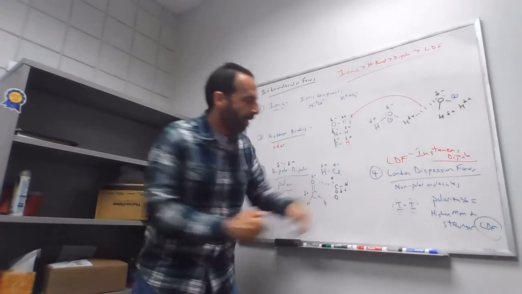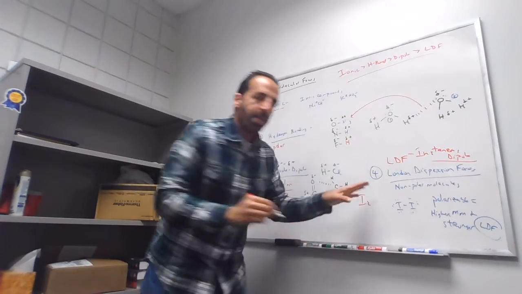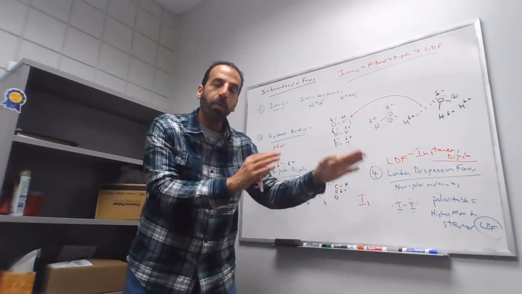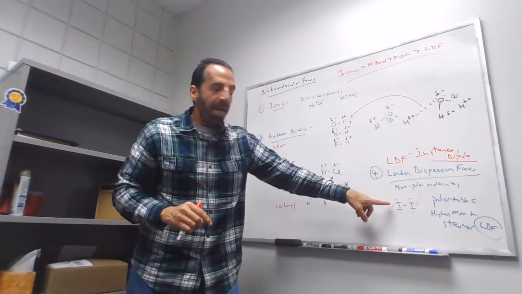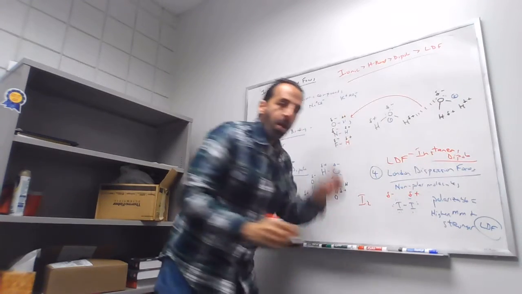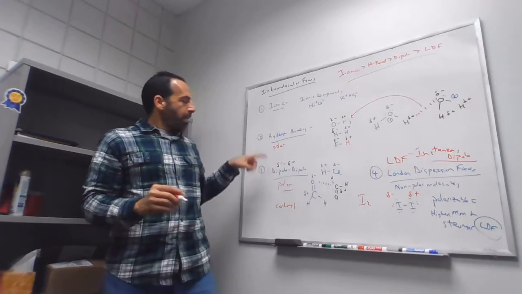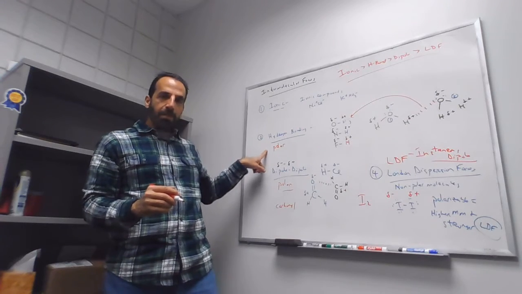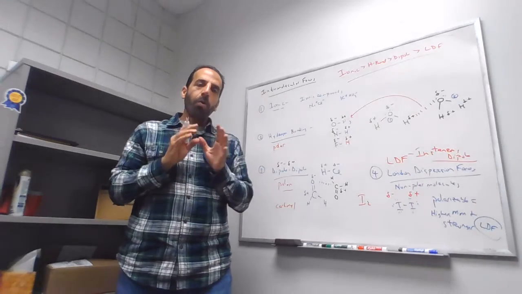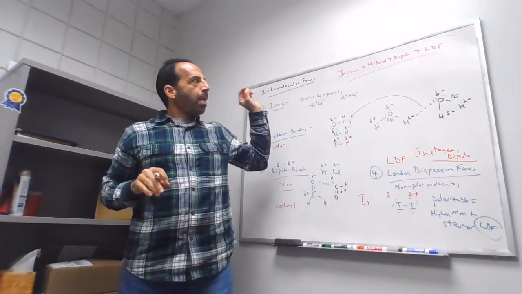So even though iodine is nonpolar, just for a fraction of a second, the electrons could be shifted to one end or the other. So one of these iodines can have a partial negative and a partial positive, again, only for a fraction of a second. Dipole-dipole is permanent. Hydrogen bonding is permanent. Ionic is permanent. So these interactions are the weakest of them all.